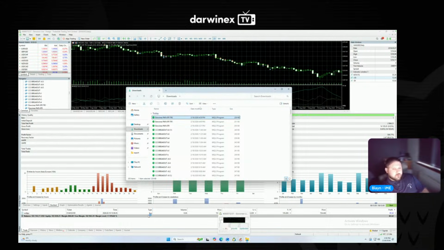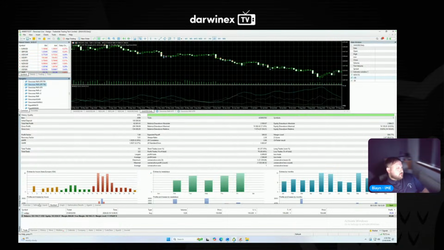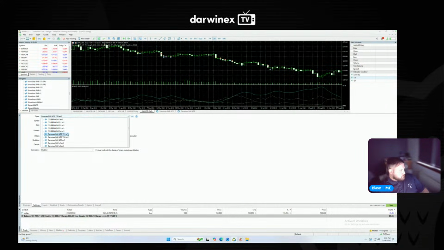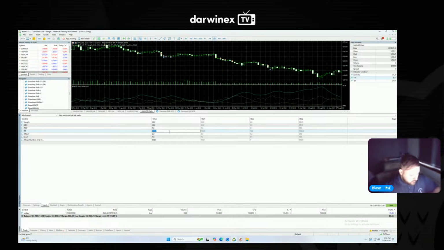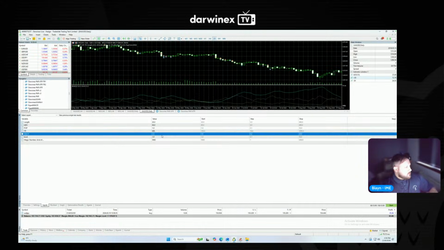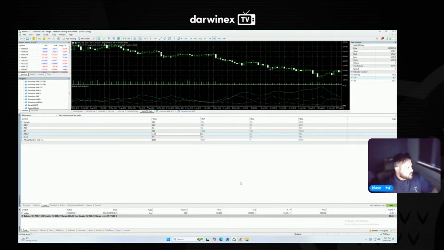And then we can have a look at the quant analyzer for the other system. So again, run 400, 2.25 level. Let me have a quick look.